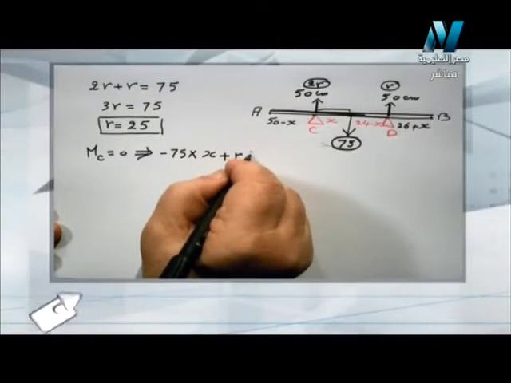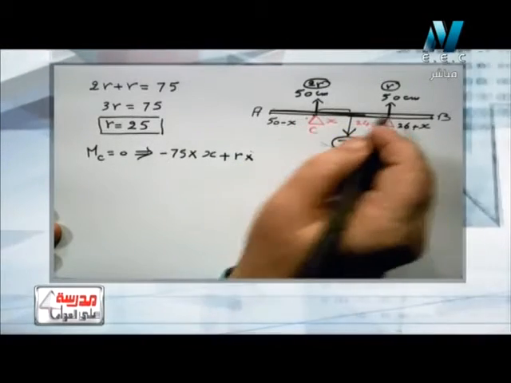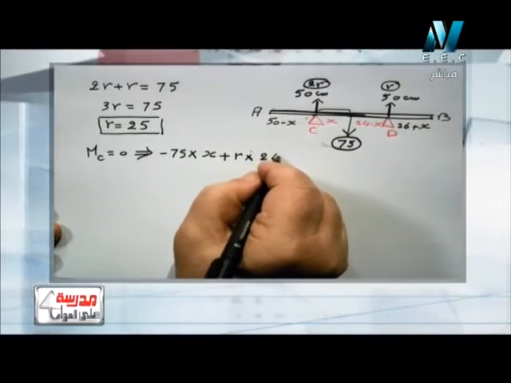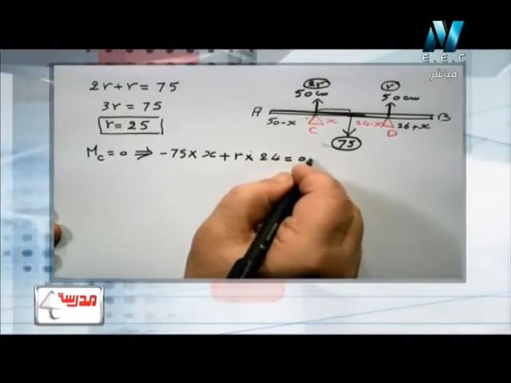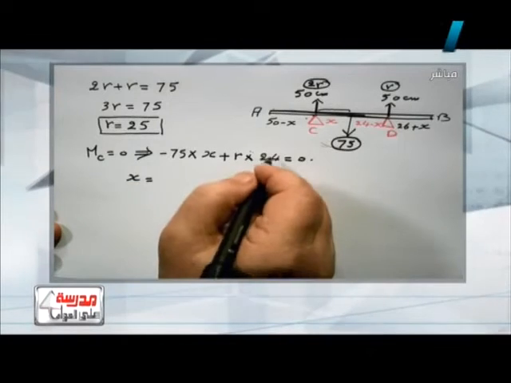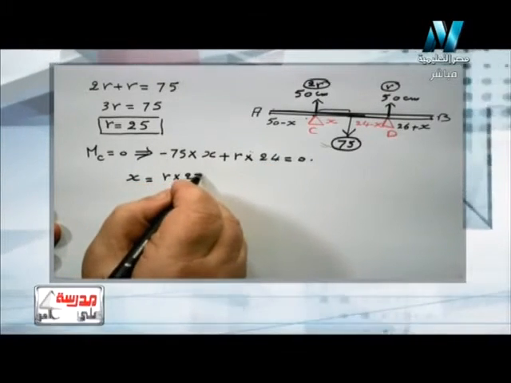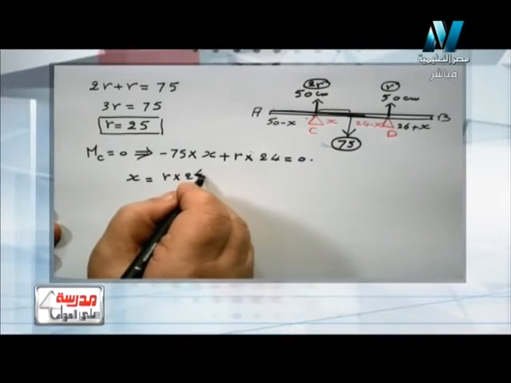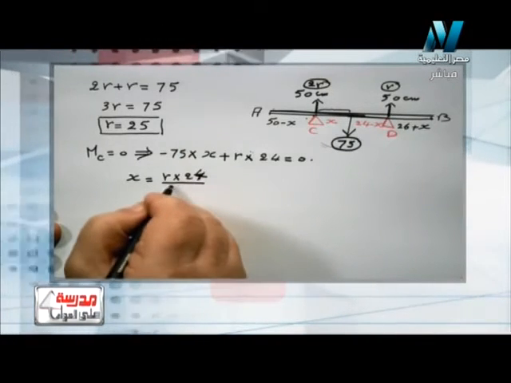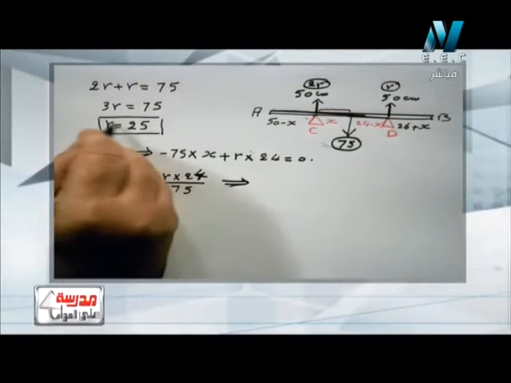R multiply distance from C to D, CD is 24 centimeter, equal 0. Then X equal R multiply 24 over 75. But R, we know that R is 25.